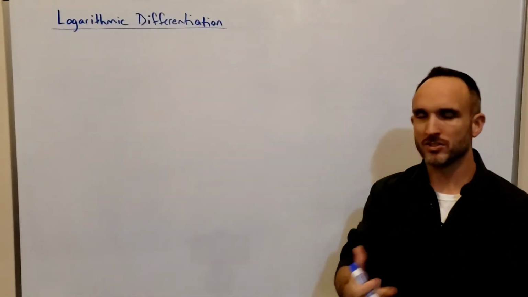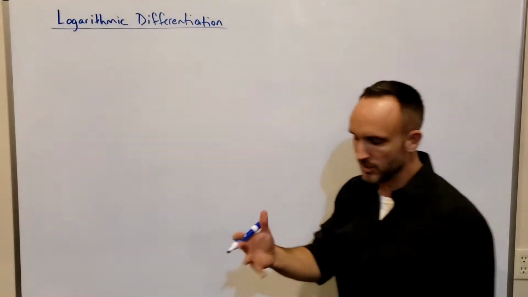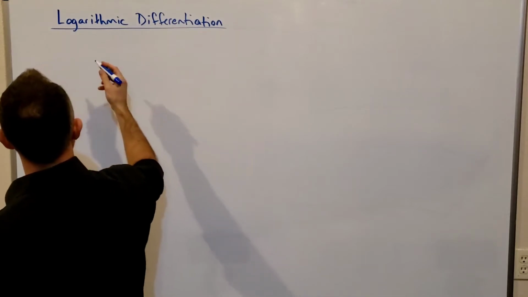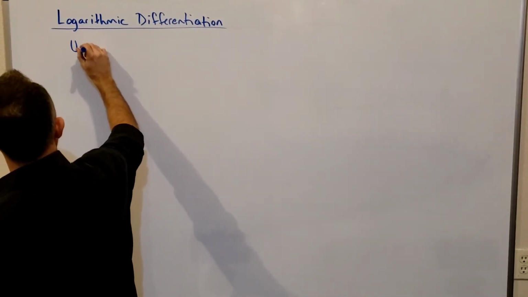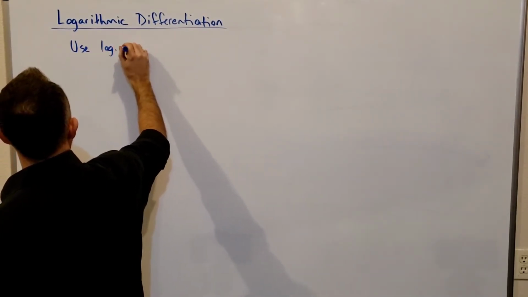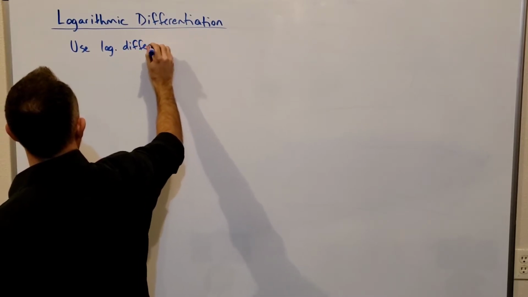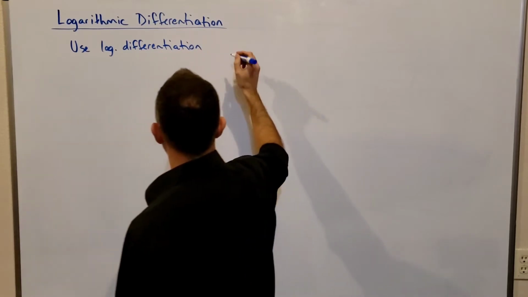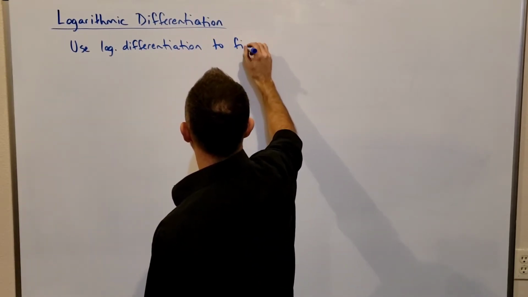So the instructions for something like this, typically, you might get a hint, if you're lucky. And it might be something like, use logarithmic differentiation to find the derivative.